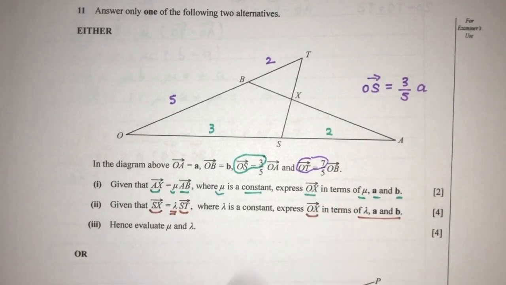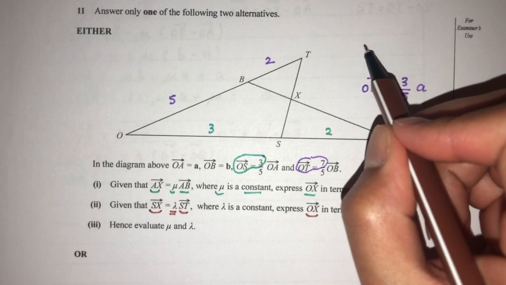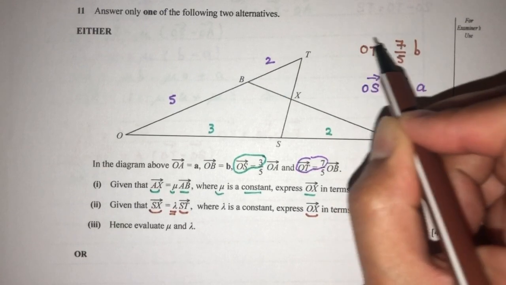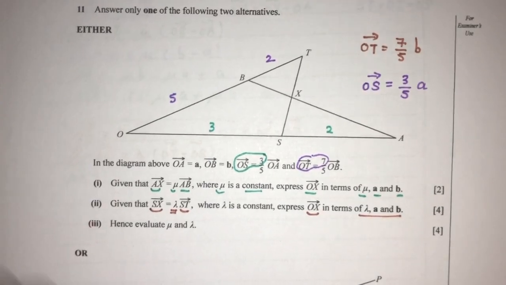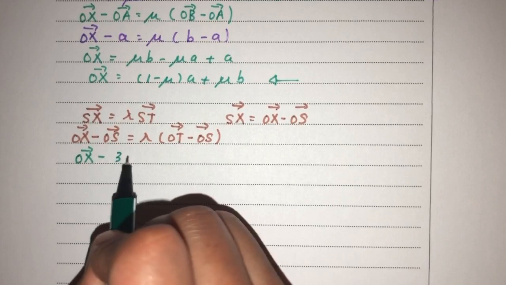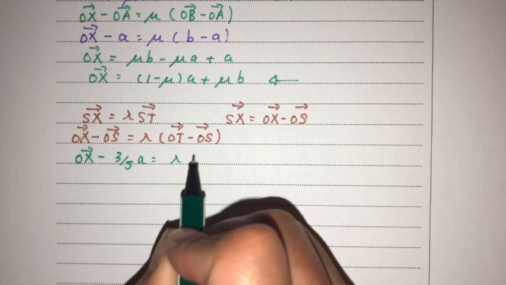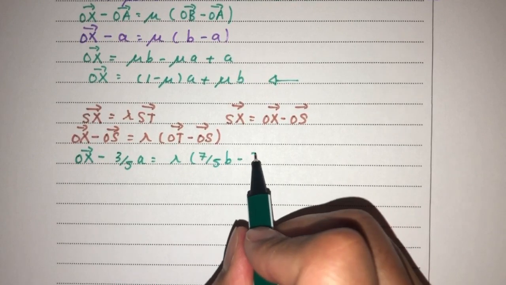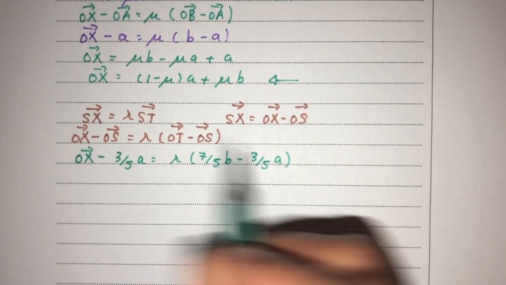Now for the value of OT, OT, pretty easy as well. 7 over 5 OB or B. Replace the values back in your main equation right now. Let's see what do we have. That will be OS, which is 3 over 5A. Lambda, OT is 7 over 5B minus 3 over 5A.